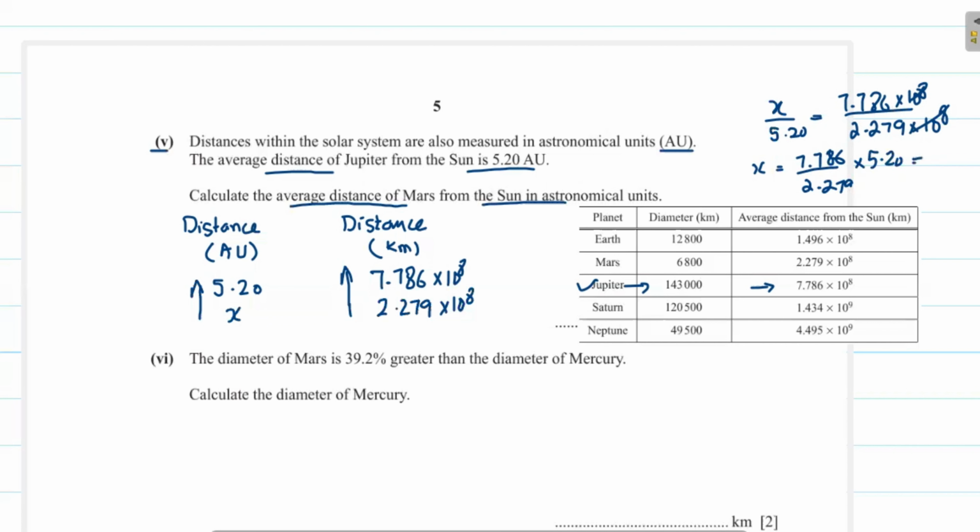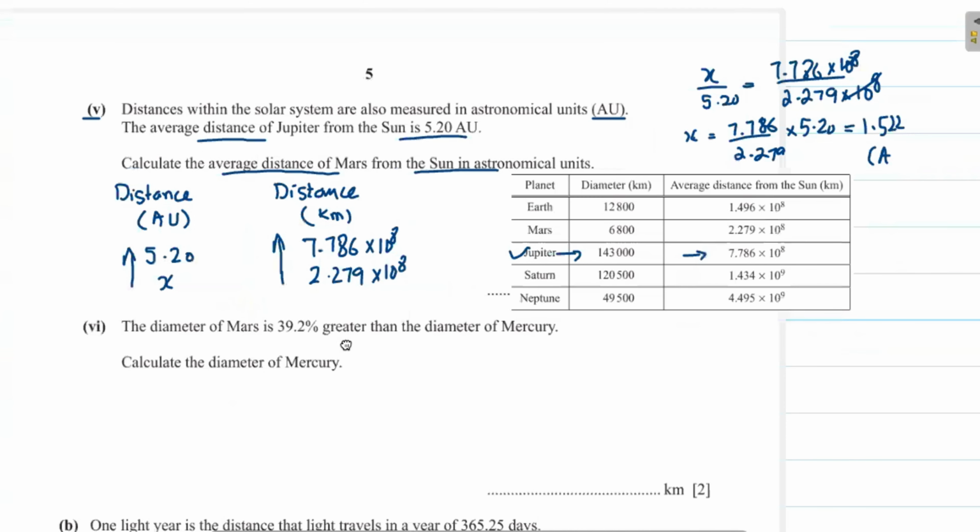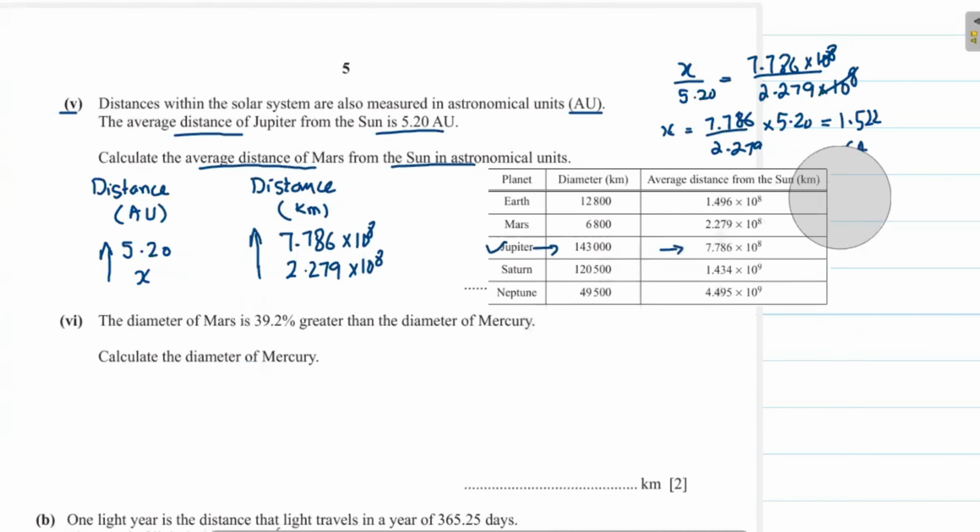This will be equal to 1.522, and this is the distance in AU. Therefore, we write 1.522 AU, and this is the answer.